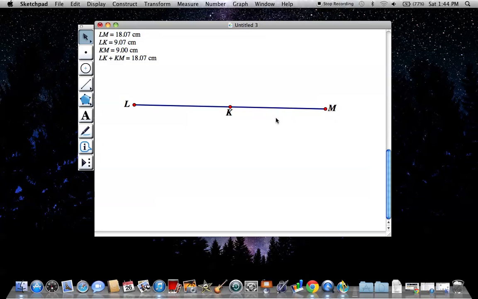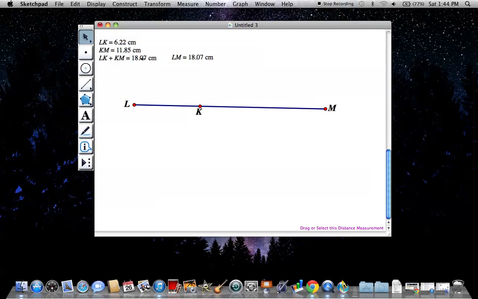And that's what the segment addition postulate states. If there is a point between two other points on a line, then the segments formed, LK and KM, will add up to the total length of the segment. So LK plus KM equals LM.